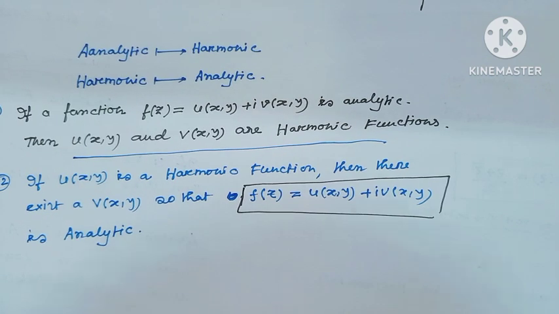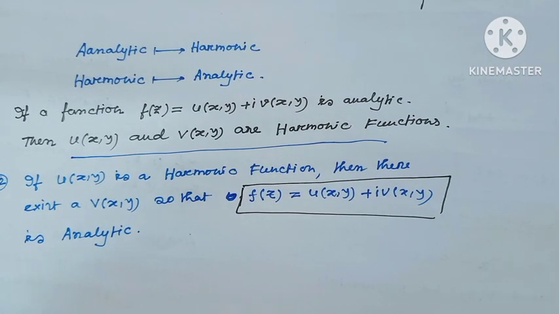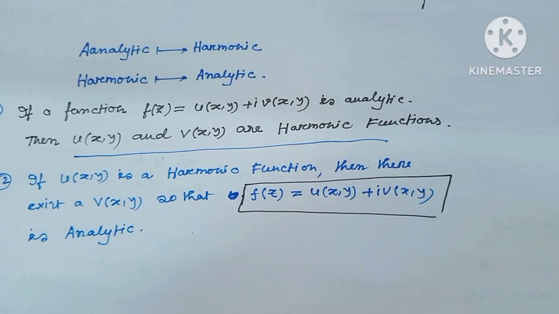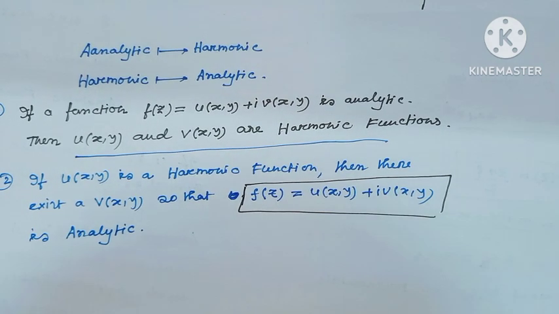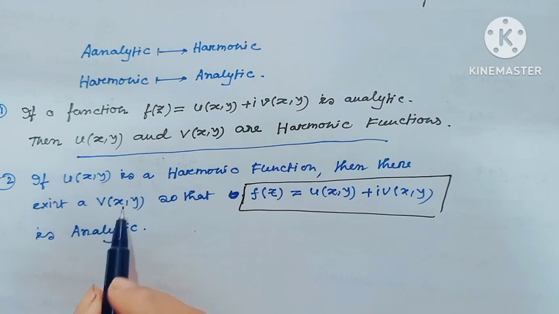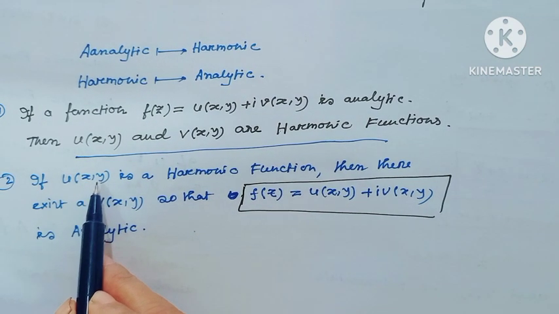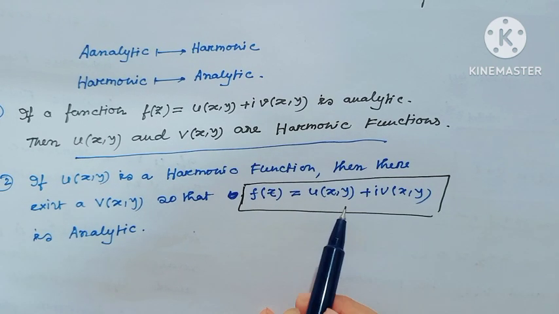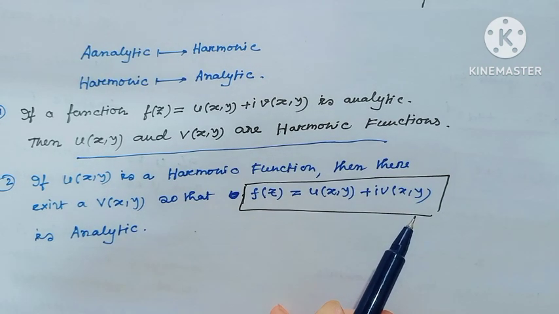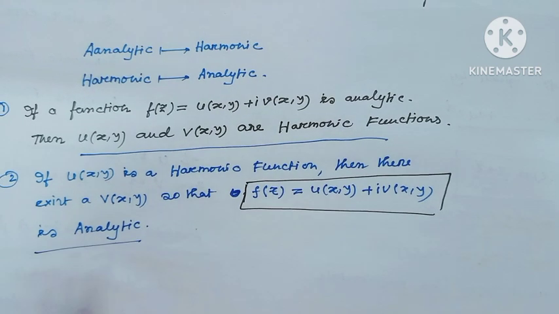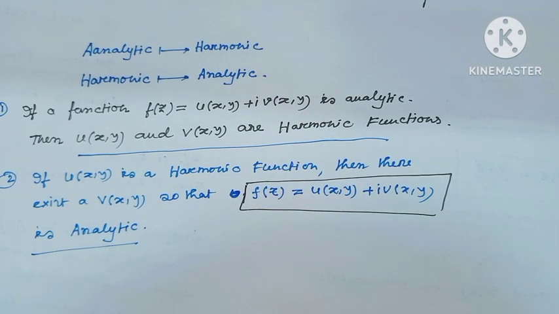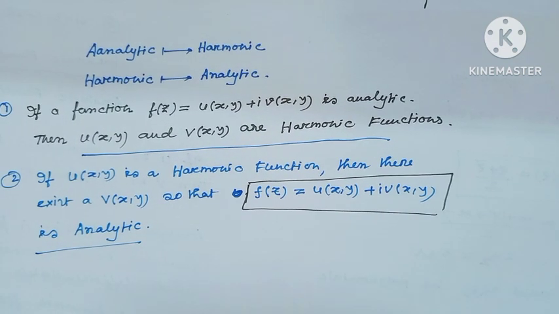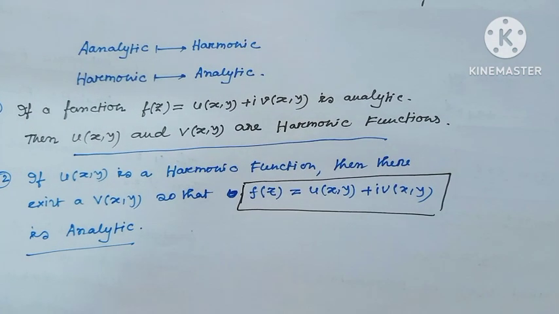Second, if u(x,y) is a harmonic function, then there always exists v(x,y), obviously the harmonic conjugate of u(x,y), such that f(z) = u(x,y) + i v(x,y) is analytic. That means analytic implies harmonic and harmonic implies analytic.